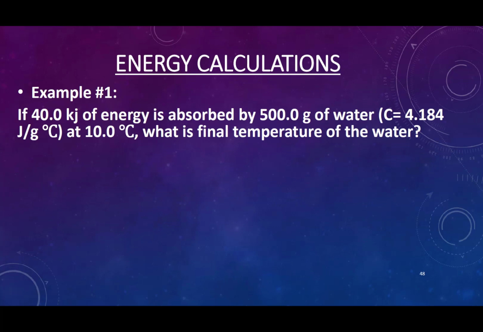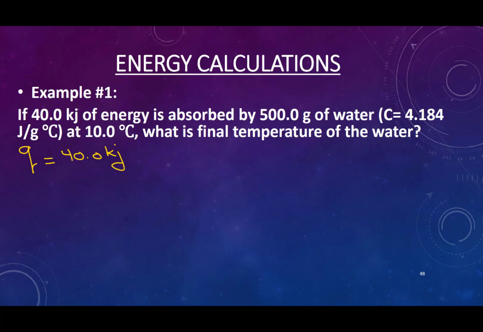Let's do an example. We're going to do two examples for specific heat capacity. Let's do the first one. For the first one, you have the energy, or Q, in kilojoules.